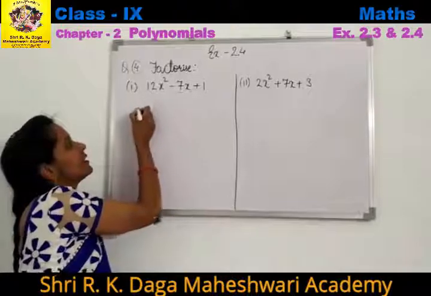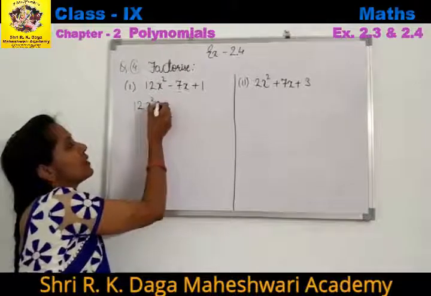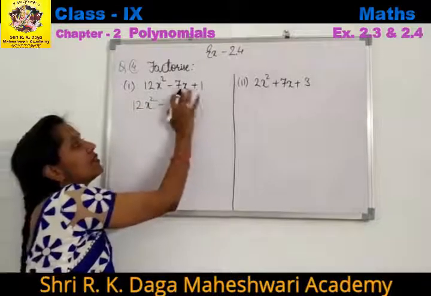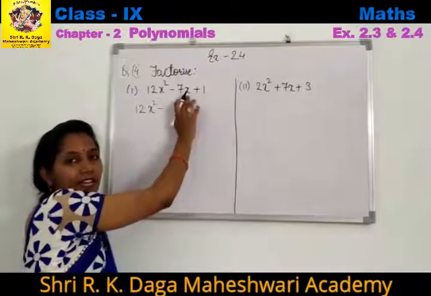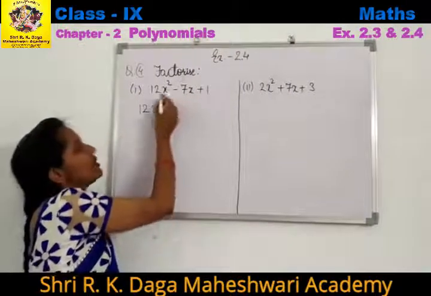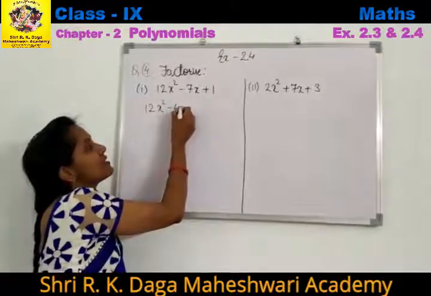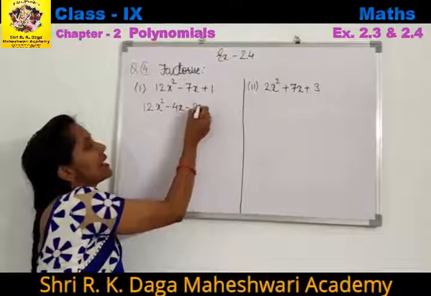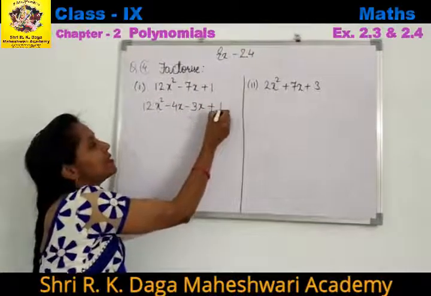Like this, 12x square minus 7x plus 1. We want minus 7x in the middle, so we can split it as minus 4x minus 3x plus 1.